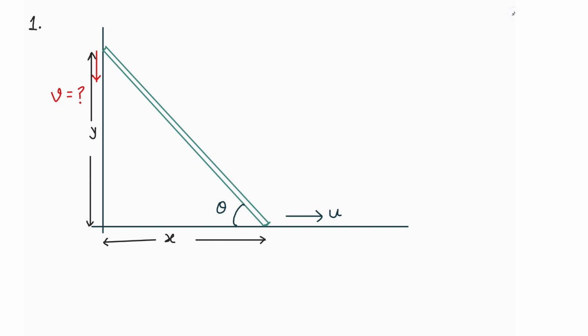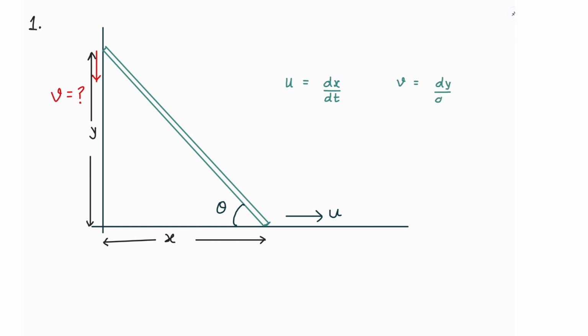As this stick is going to slide, this point is going to come down slowly and this point is going to move away in the x-axis direction. So we can write that u is equal to dx by dt, and v is equal to dy by dt.